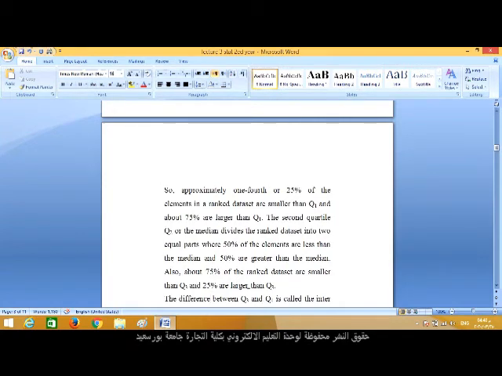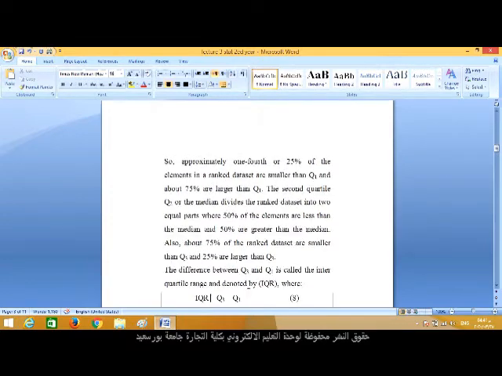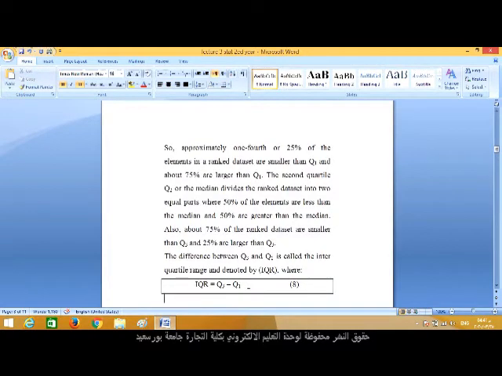By the way, the difference between Q3 and Q1 is called the interquartile range, denoted by IQR, where IQR equals Q3 minus Q1. The interquartile range.